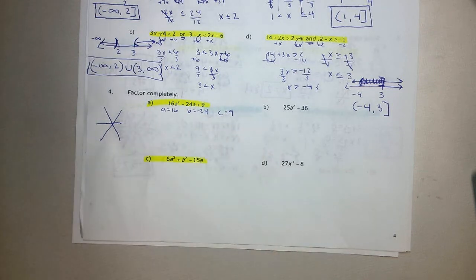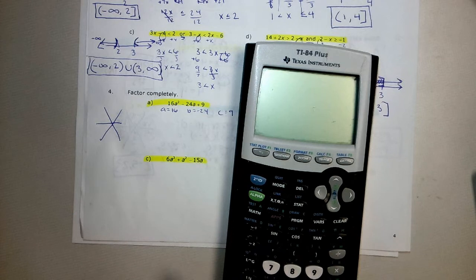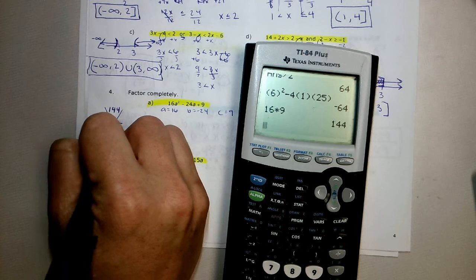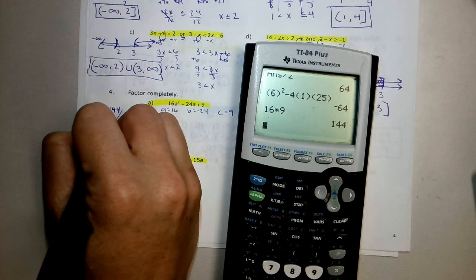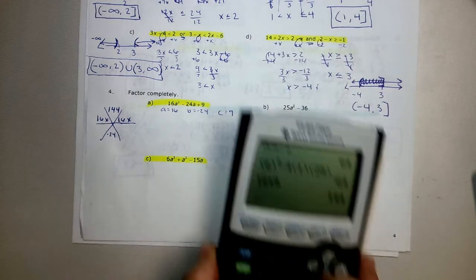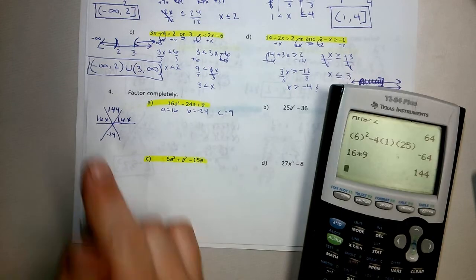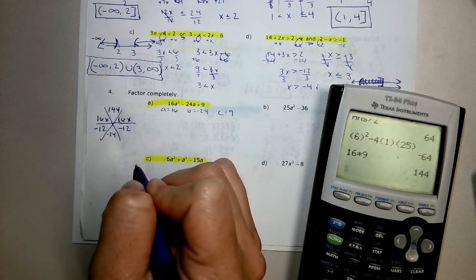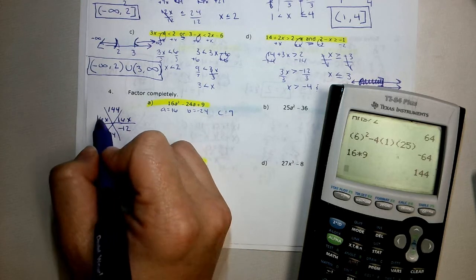So I have 16 times 9 is 144, and I have negative 24 in the bottom. Well, 144 is a perfect square of 12 and 12. Well, 12 plus 12 is 24, so I'm going to end up with negative 12 and negative 12. Well, the cool thing is that means these are going to simplify to the same thing.